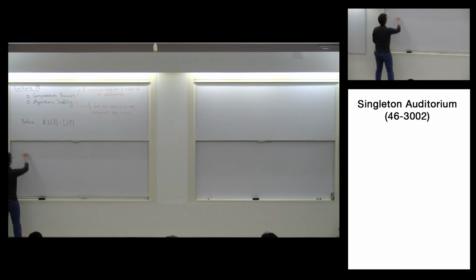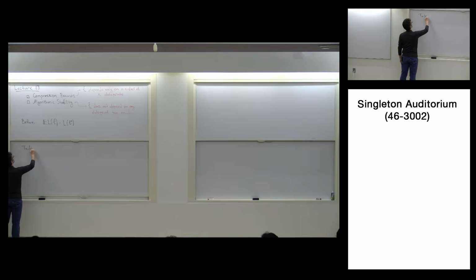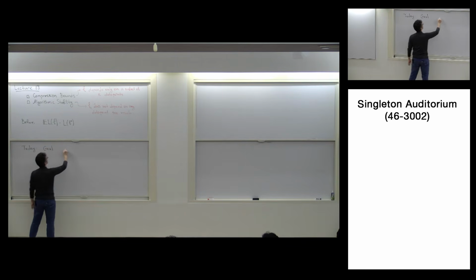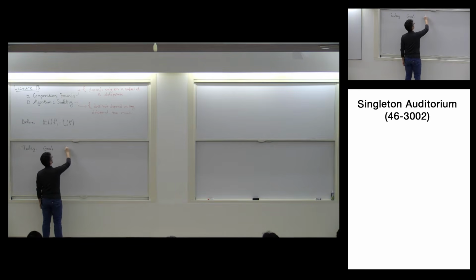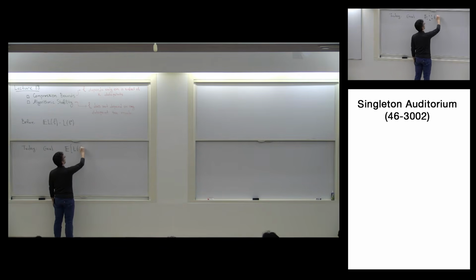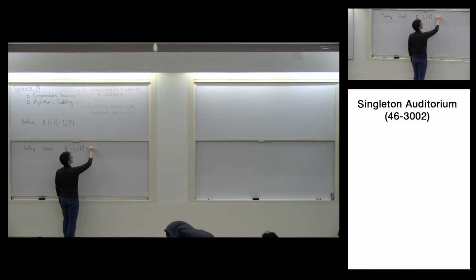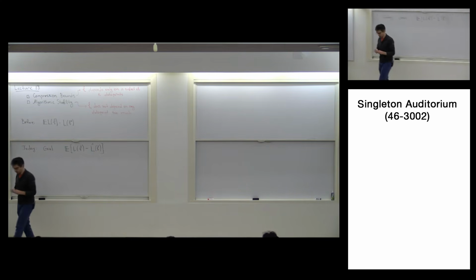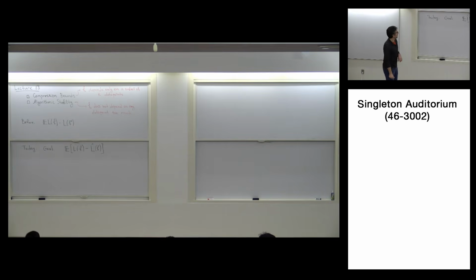So today, the goal is to understand the expected out-of-sample performance of f hat minus L hat of f hat. Okay? This is now our goal for this lecture.